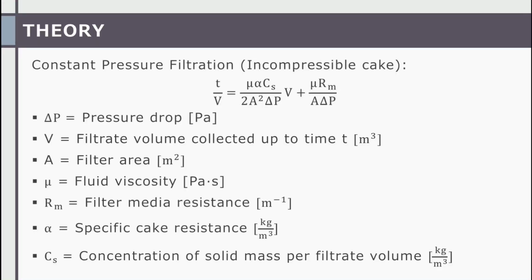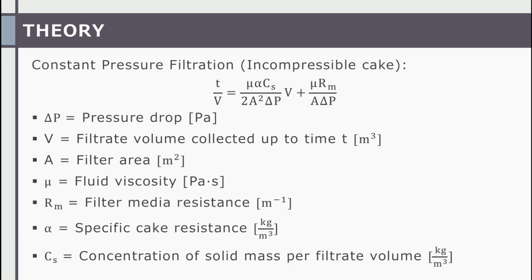An experiment can be conducted by sending a slurry of known concentration and volume through the filter press and recording how much filtrate is collected per unit time in order to determine specific cake resistance, alpha, and filter medium resistance, Rm.